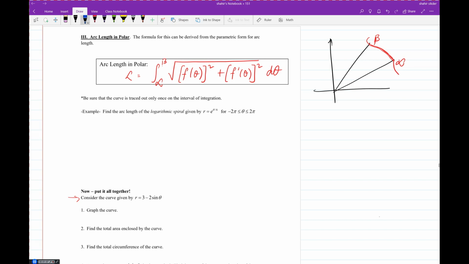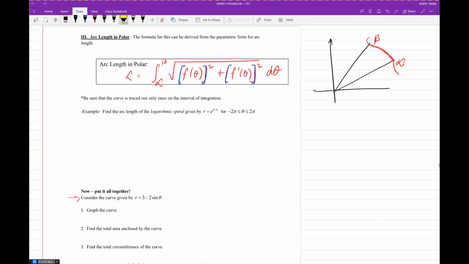Now here are a couple of things I want you to remember, and it's very important. This is not the second derivative, this is the first derivative getting squared, and this is just the function, which is also getting squared.